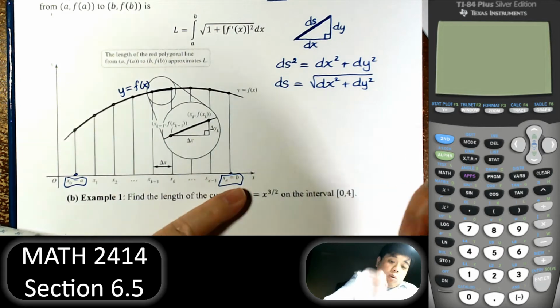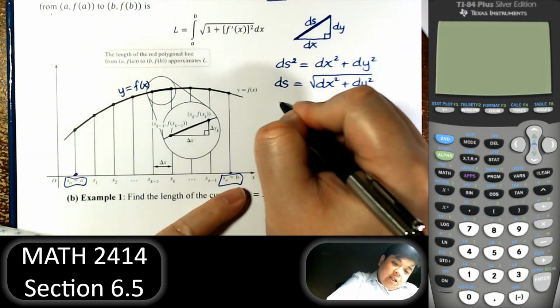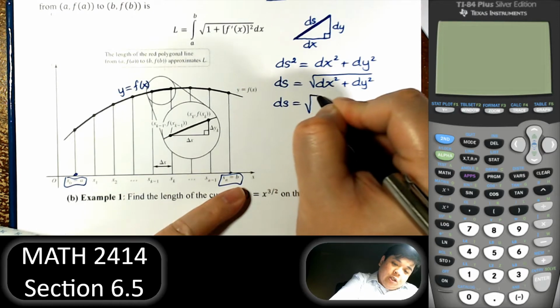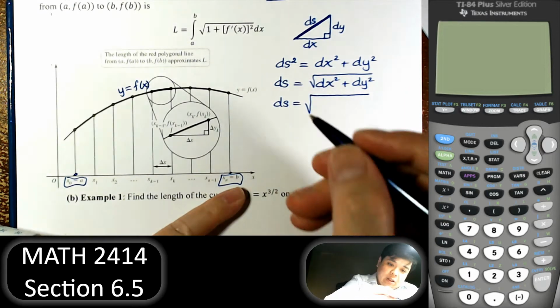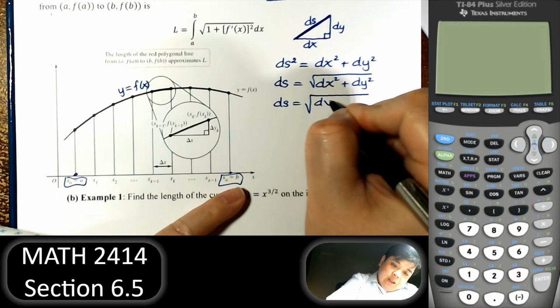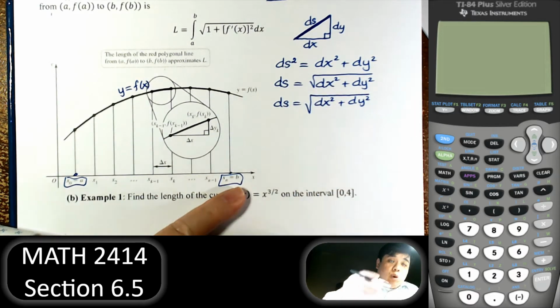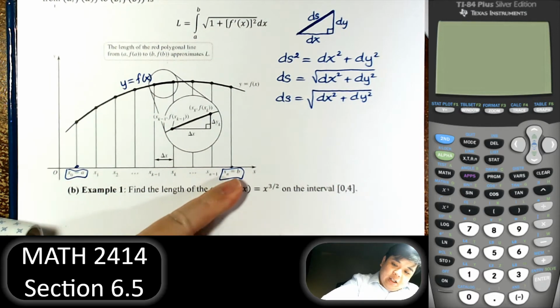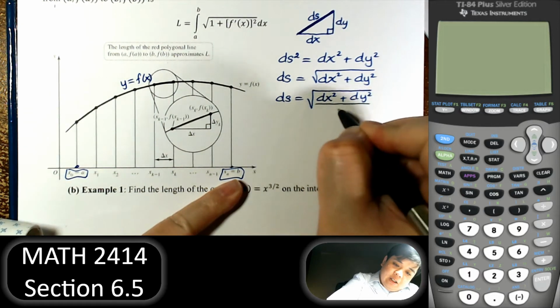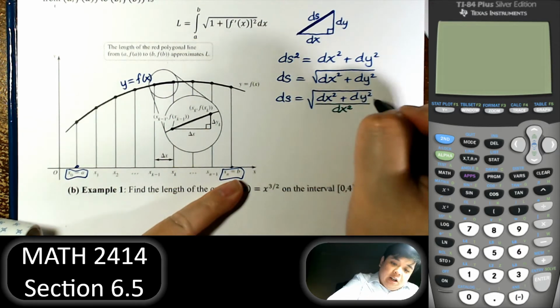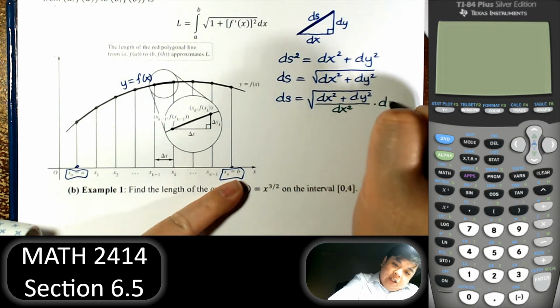Right, what we do next is try to manipulate this. I'm going to divide by dx square, and when we divide, we have to multiply.